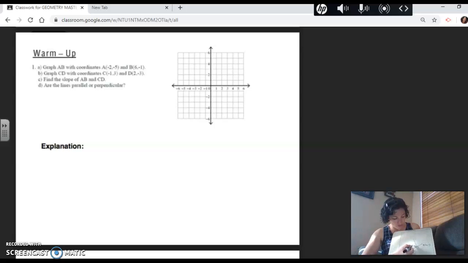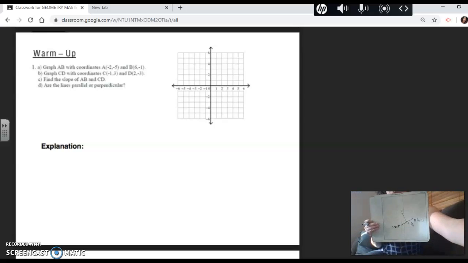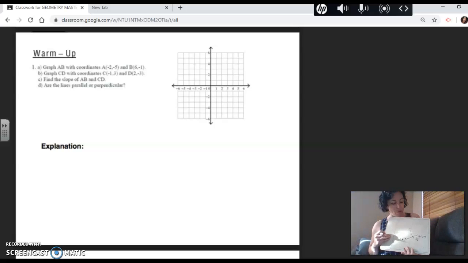It's going up 1, 2, 3, 4. So this is going up 4 and over 1, 2, 3, 4, 5, 6, 7, 8. Okay, so that was, hopefully you can see this, up 4 and over 8, which is a slope of 1/2.